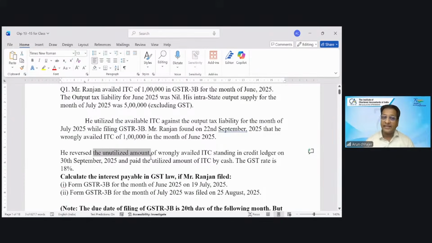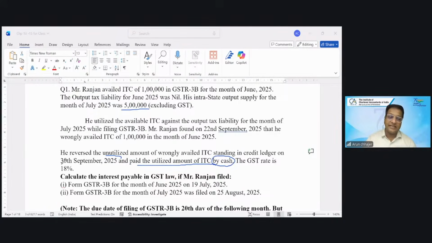So we can say that how much was the liability? That liability turnover, the supply amount was rupees 5 lakh. And it says that he reversed the unutilized ITC and paid the utilized amount of the ITC by the cash.